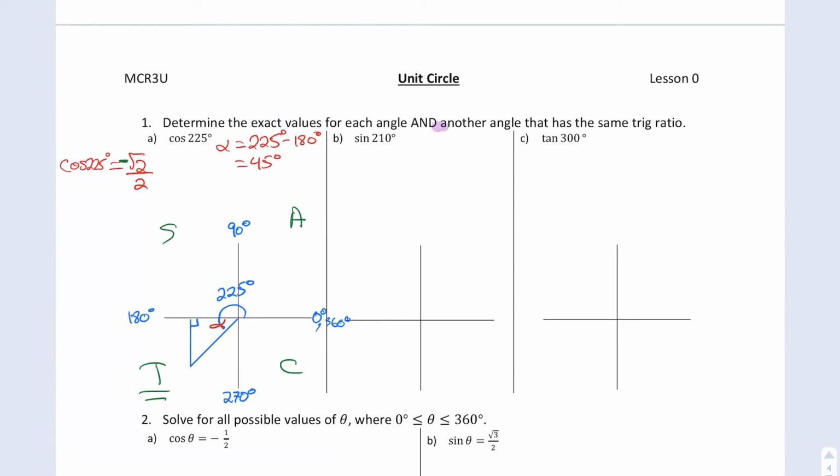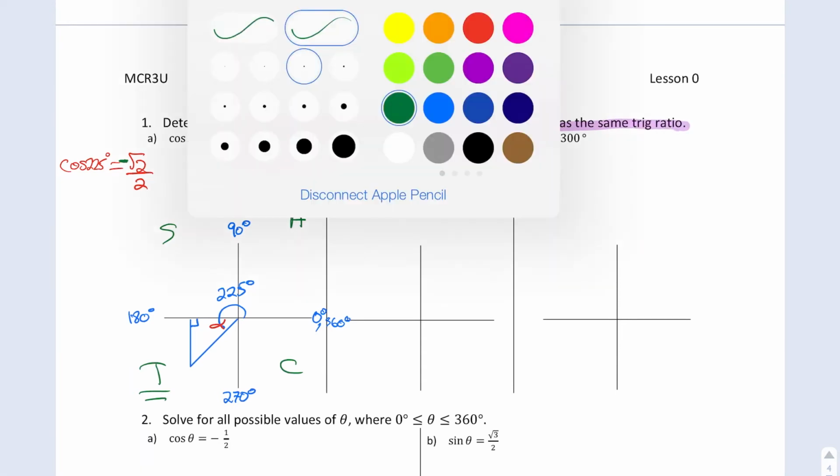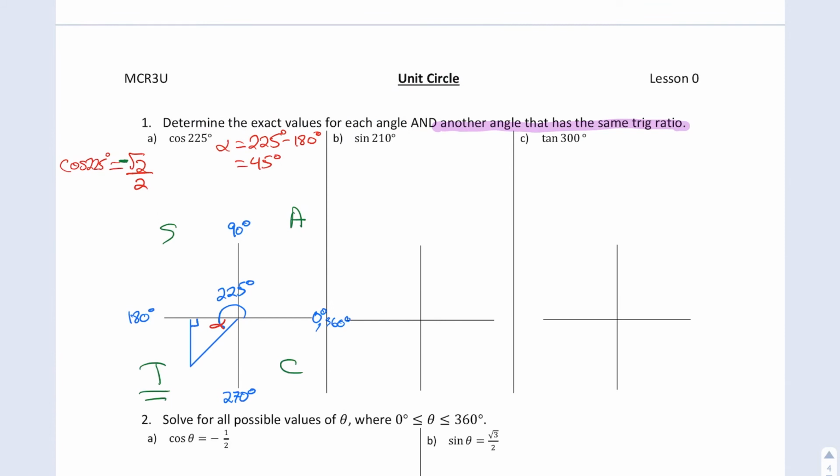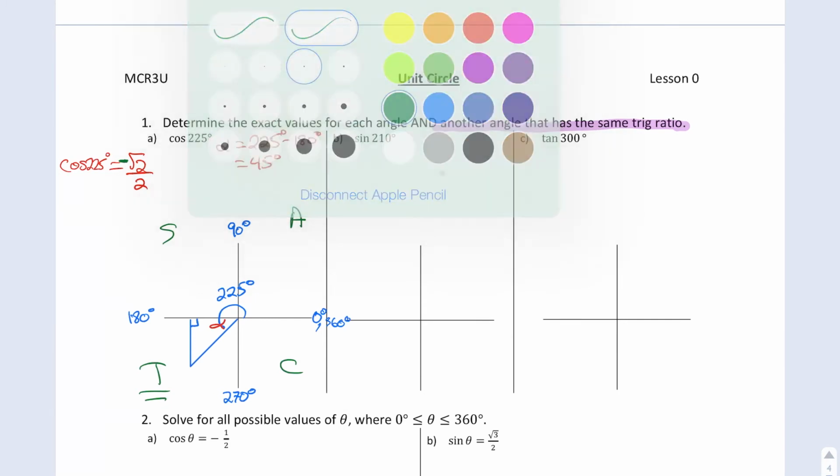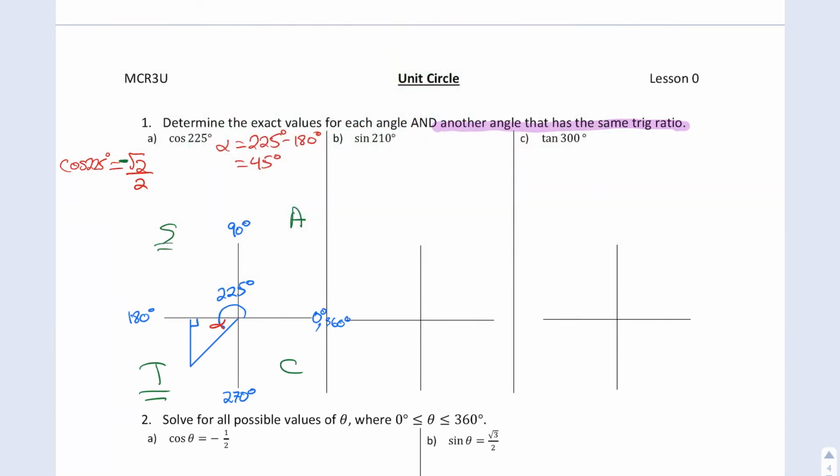The other part of the question says find another angle that has the same trig ratio. So I have to think, okay, because this is a negative value for cos, where else is cosine negative? That is also in this quadrant, the S, where only sine is positive.